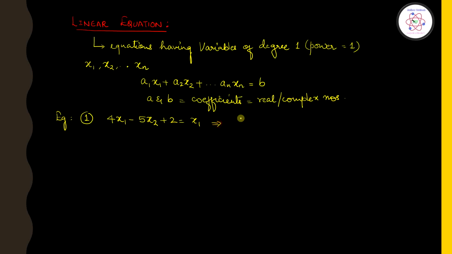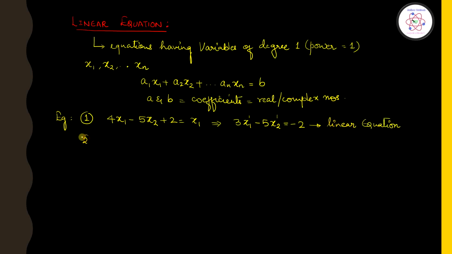On rearranging, I have 3x1 minus 5x2 is equal to minus 2. If you look at the variables, x1 has power 1 and x2 also has power 1. So this can be considered a linear equation.